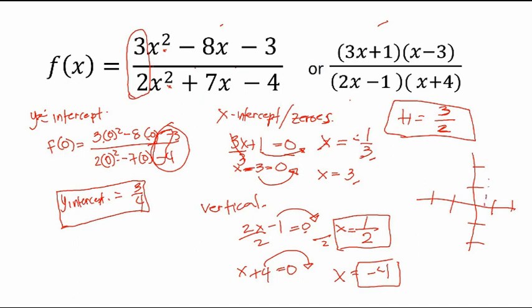Si 1/2. Si negative 4. 2, 3, 4. Ayan. Tapos ilagay mo si horizontal asymptotes kay 3/2. Si 3/2 is 1.5. So, ito. Yan na yung mga asymptote.